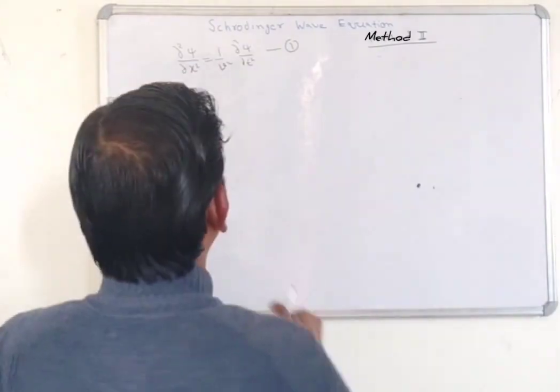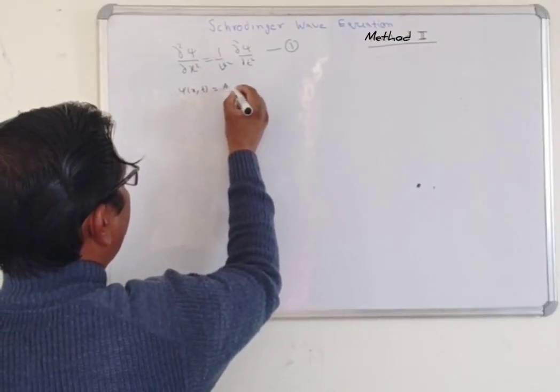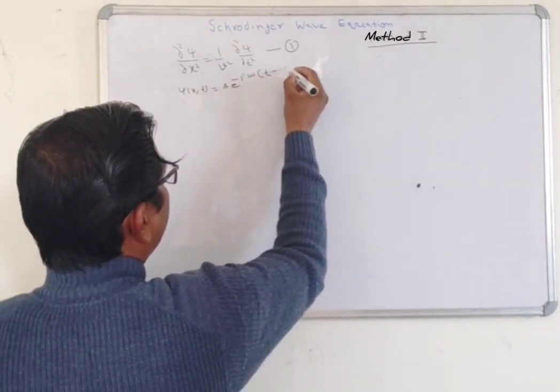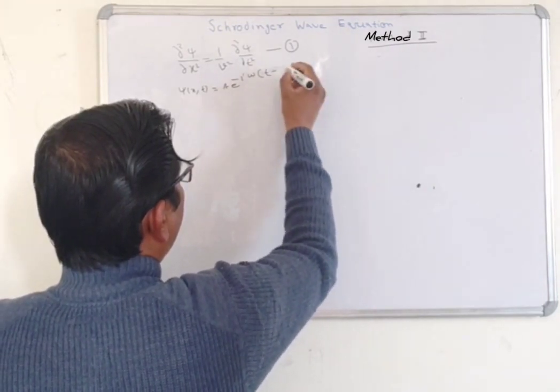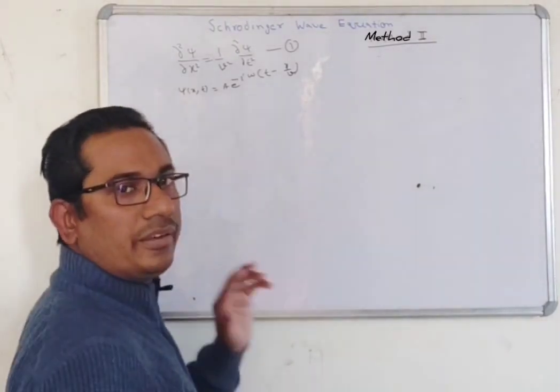Now the solution of this traveling wave equation can be written as psi(x,t) equals A e to the power minus i omega (t minus x by v), where v is the velocity of the wave.